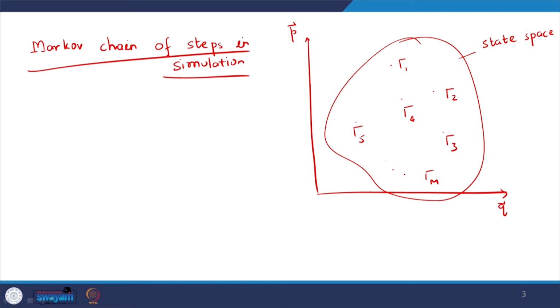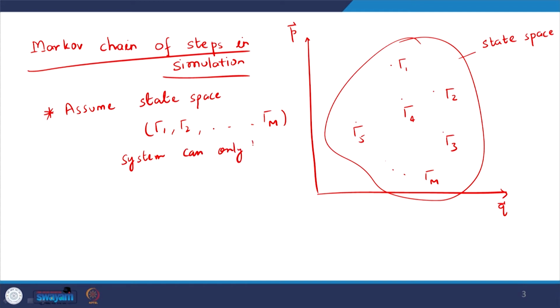That is the first assumption: we assume a state space, and the system can only be in these states. In some sense, we can therefore say that the state space is like the ensemble.